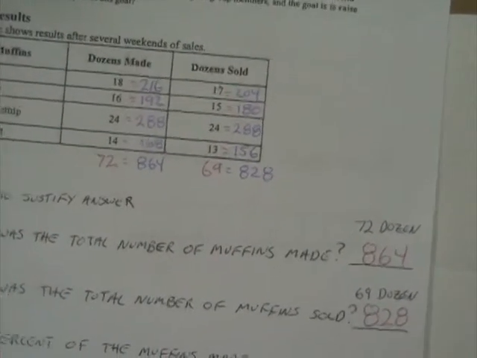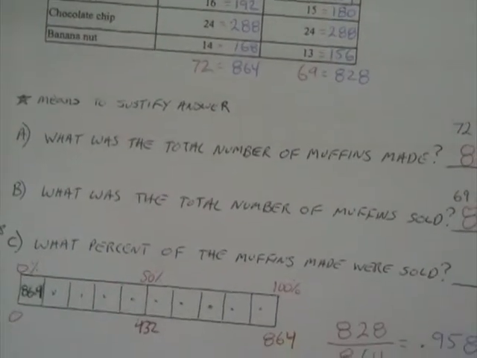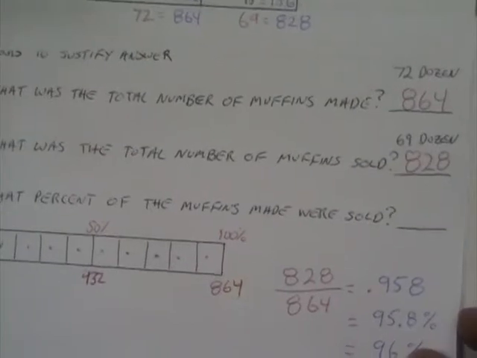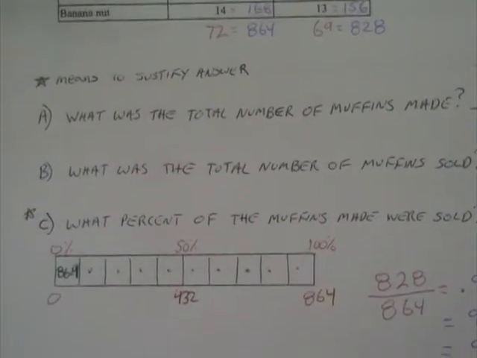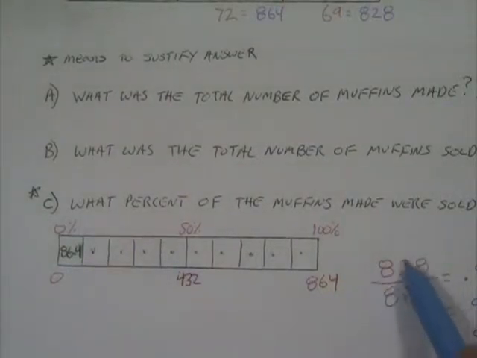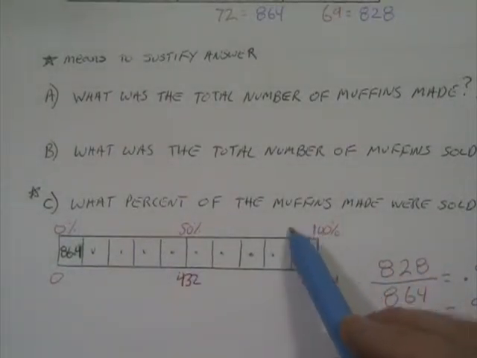The next question, what percent of muffins made were sold? All right, so looking at it quickly right here, there was 864 muffins made total. All right, and we want to figure out about 828 of them were sold. What percent is that?